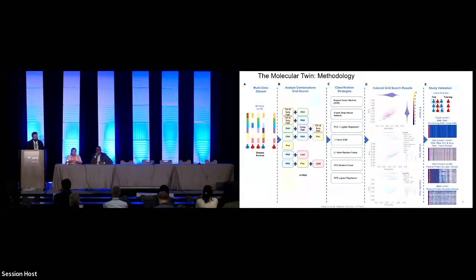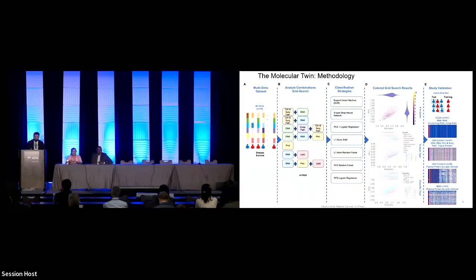The way we did this is, when you take all 6,000 features, you actually have really 10 analyte sources. When you do the various combinations, that leads you to about 1,000 combinations. And we had 7 different machine learning models, which included deep neural networks, logistic regression using PCA, as well as a recursive feature elimination random forest, just to mention a few.